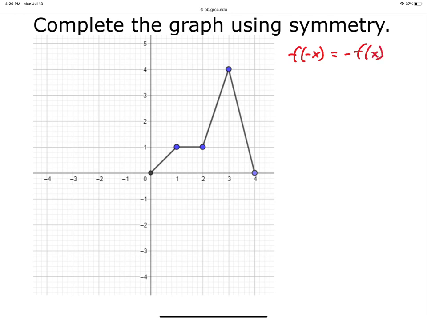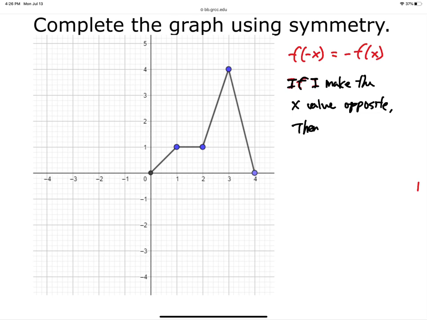Okay, so notice again, same idea. If I make the x value opposite, but this time check this out.